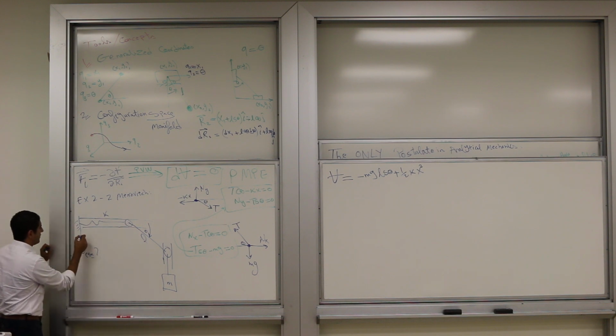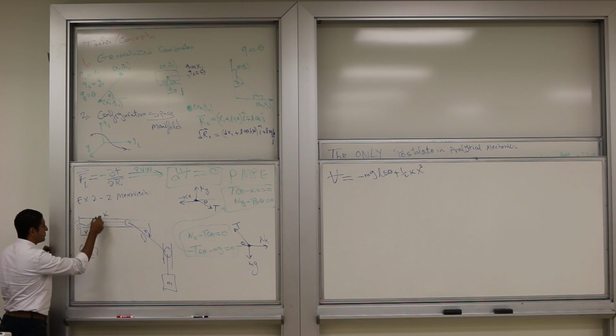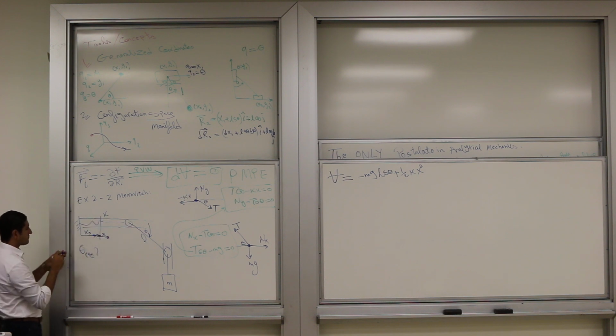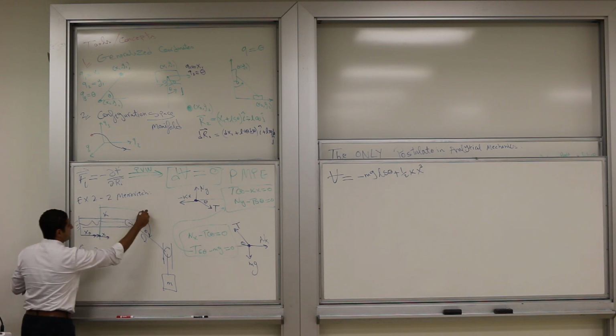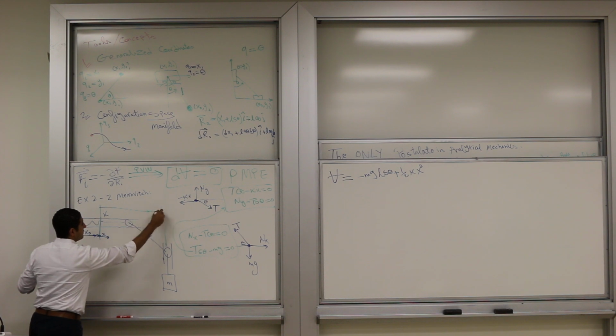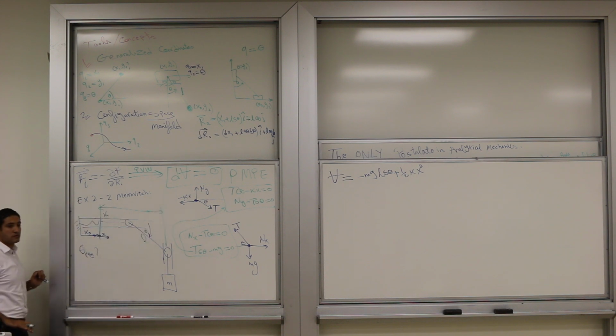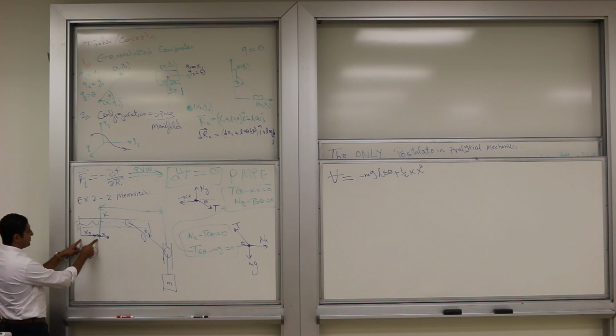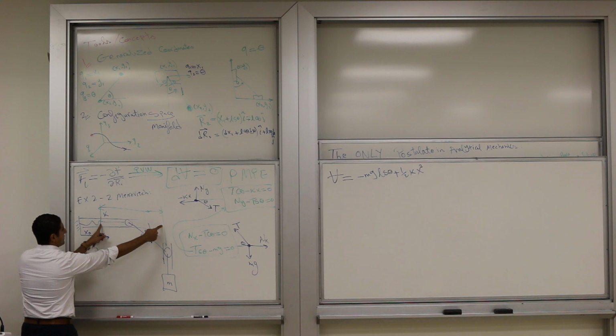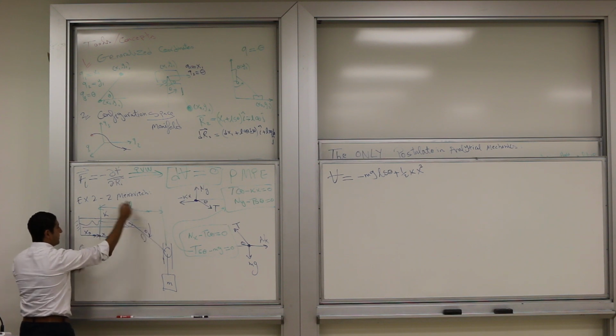So we have here x naught up to some point, and then x from here. Whereas, what is this distance now? When the spring is unstretched, this guy is horizontal. So this is actually L, correct?